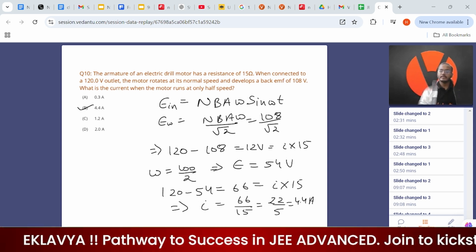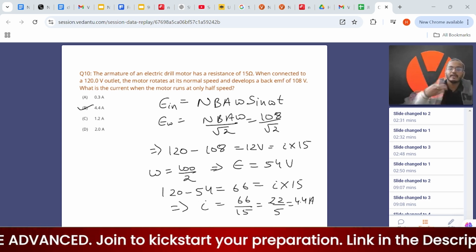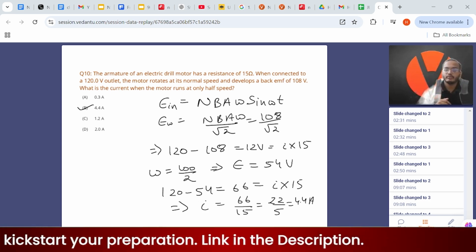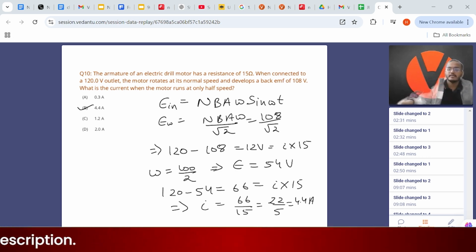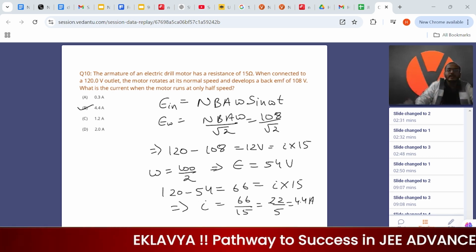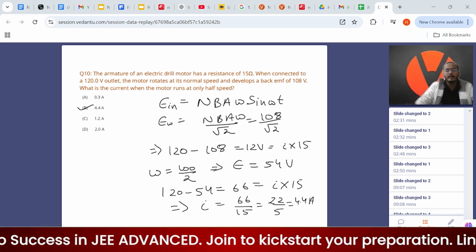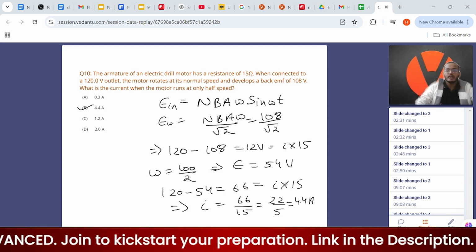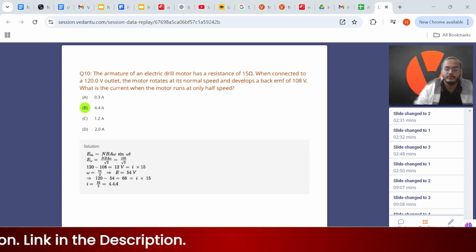So we calculated the current because of that. Now, after reducing its speed, we calculated the EMF with omega naught by 2, obviously. We can calculate the maximum or the RMS value as you wish. And then we calculated the current, because current will still be I into 15.